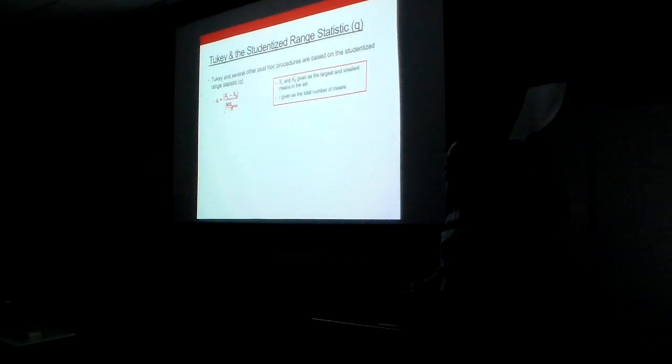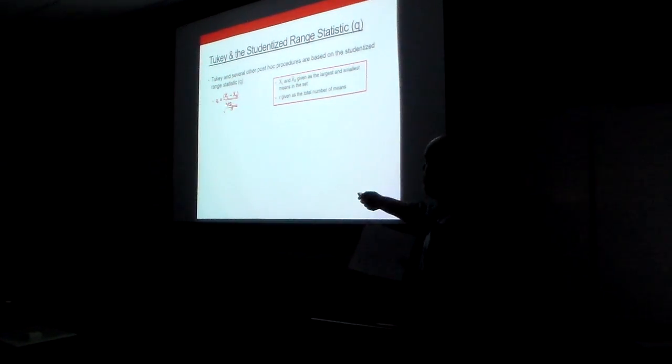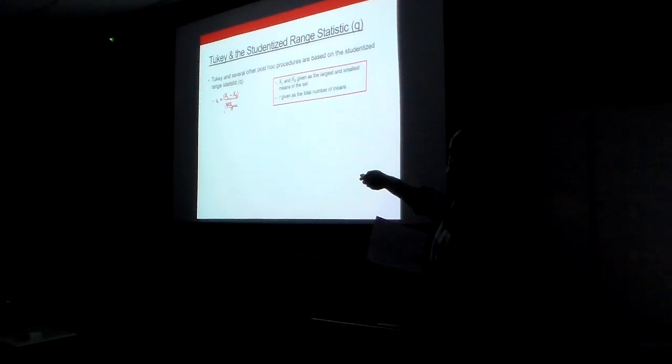Look at this, our Q statistic. Your Q test statistic is calculated as the difference between the largest mean and the smallest mean in your set, over the square root of your mean squared error divided by the cell size. Again, this is assuming a balanced design in classic Tukey.